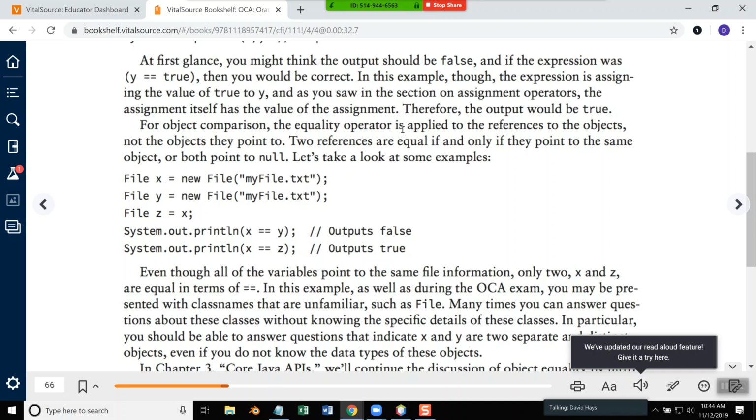For object comparison, the equality operator is applied to the reference to the objects, not to objects they point to. Two references are equal if and only if they point to the same object or both point to null. Let's take a look at some examples.